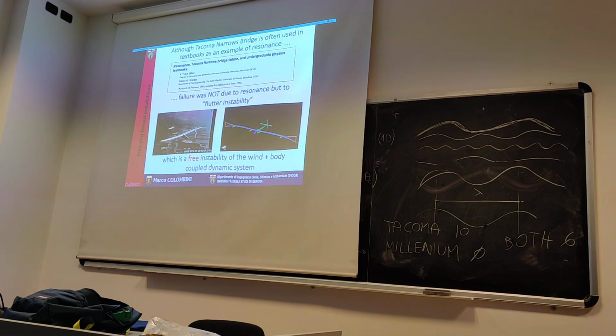Okay. So the important thing is that this is useful to distinguish between forced and free instability. When you consider the wind plus body system, the whole system, the plane with its elastic wings and the air around it, then this is a free instability.